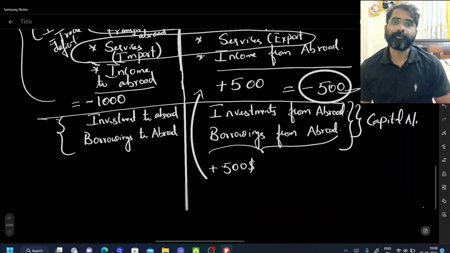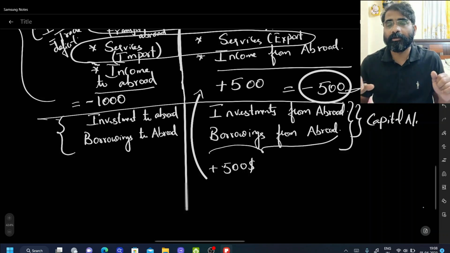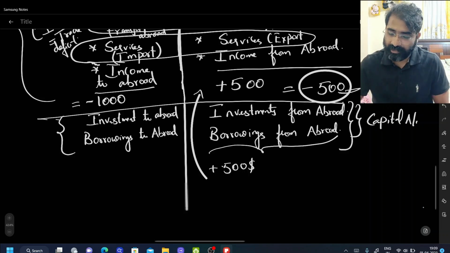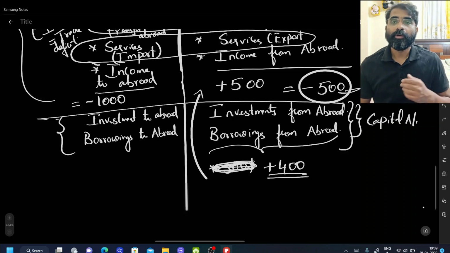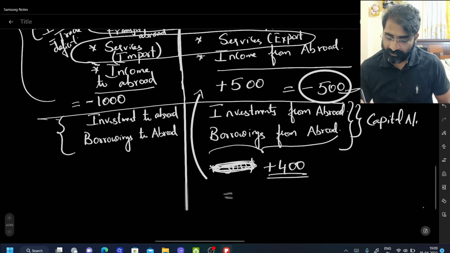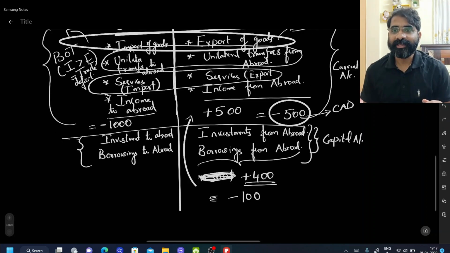Now, another very important aspect. For example, current account is minus 500, and in the capital account, instead of plus 500, we have only 400. So there is minus 100 now. How do I cover this minus 100?